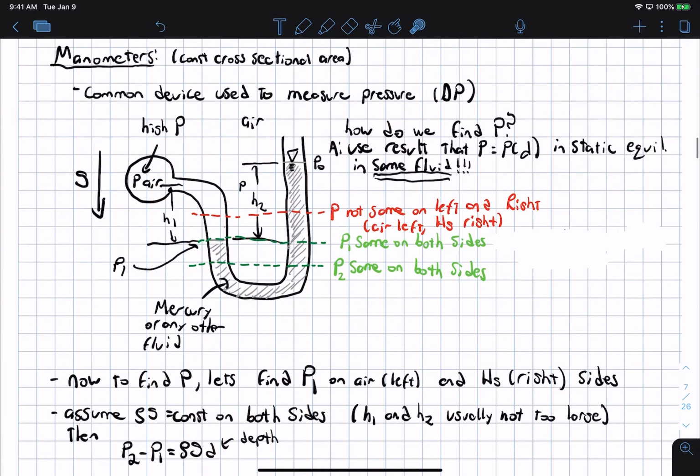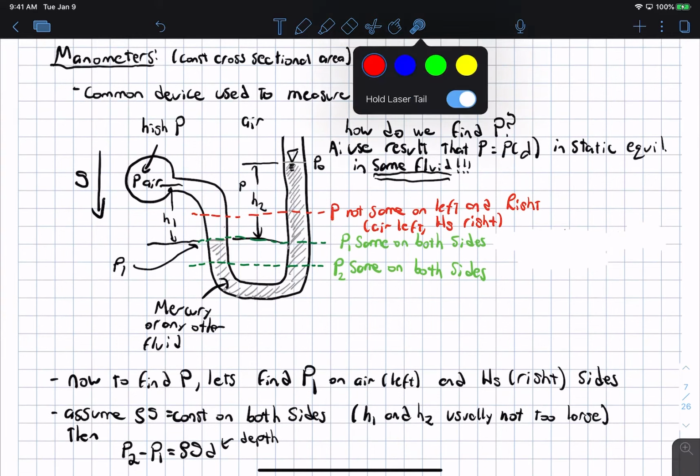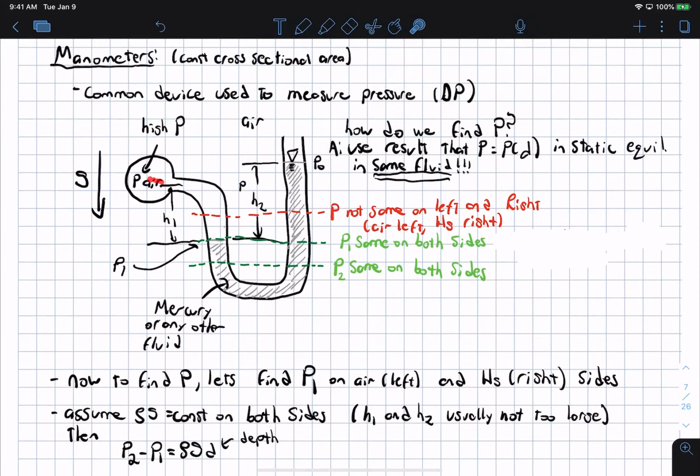So basically, all that pressure P is, is the atmospheric pressure plus the change of pressure in the mercury due to this depth, and we subtract out, because we're going up again, the pressure in the fluid on the left. Okay, that's basically all that formula says.